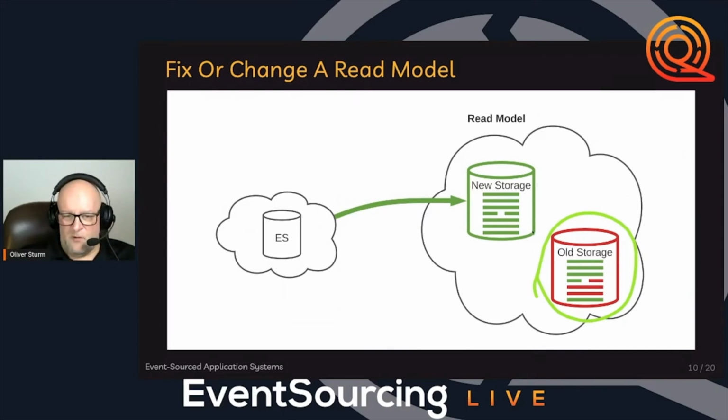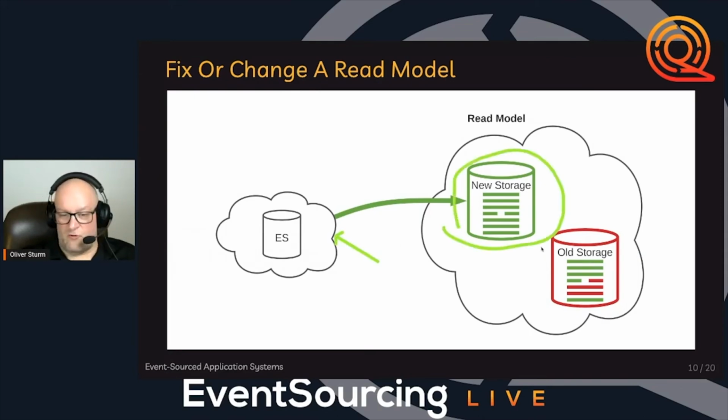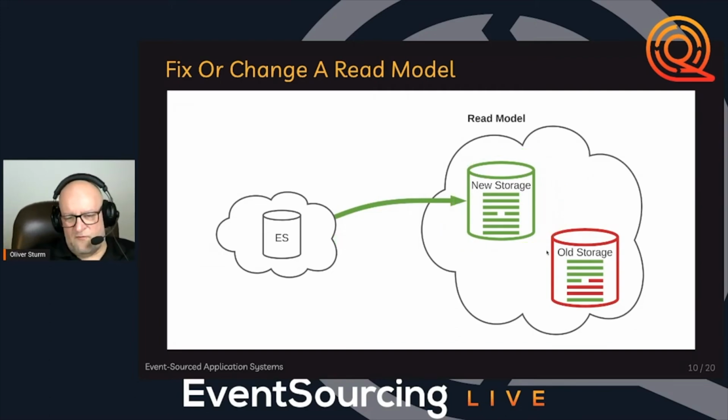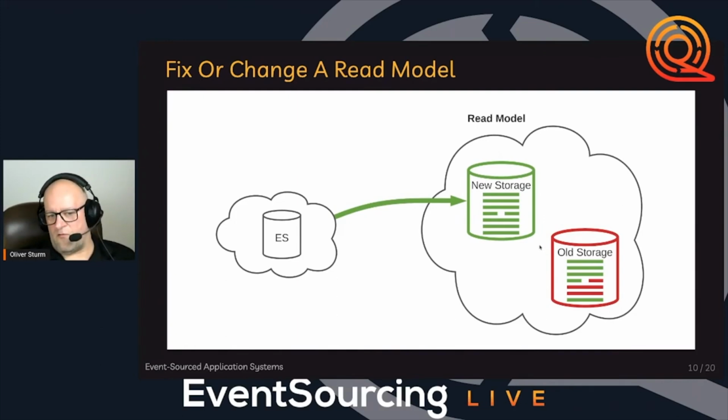And then we basically replay the events from the event store, like before, and we create a new storage. And of course, eventually we could also drop or completely throw away the old storage. So that's the idea. Now, the question of whether you are actually fixing or changing your read model can still be an interesting consideration, because there's a decision to be made, and that decision is, how will you handle incoming queries during the rebuild process, right?